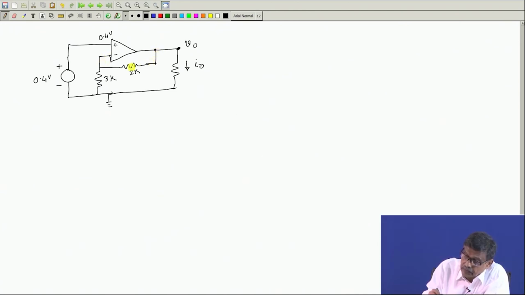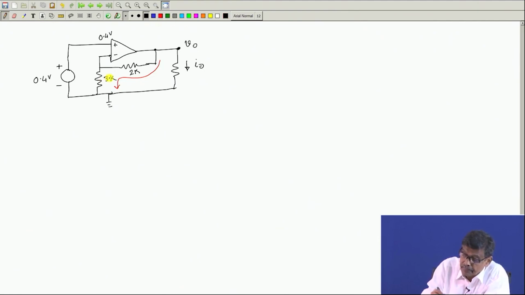Therefore, the current in this path will be simply 2 and 3K in series, is it not? 2 and 3K ohm is 8K. Let us say this is given to be 8K actually.